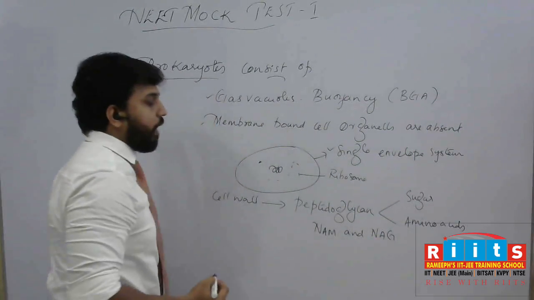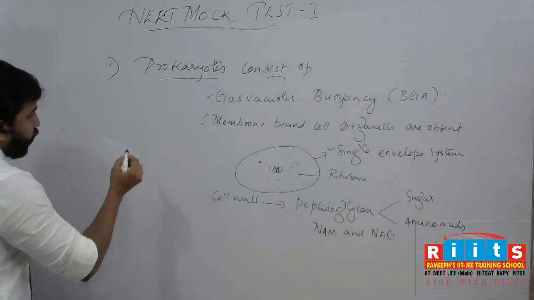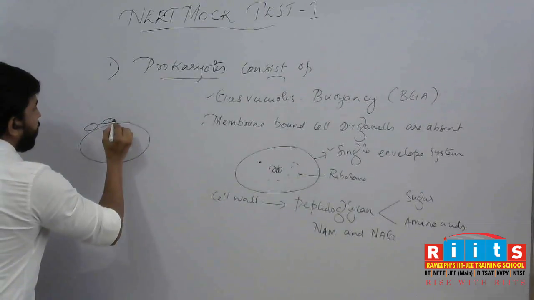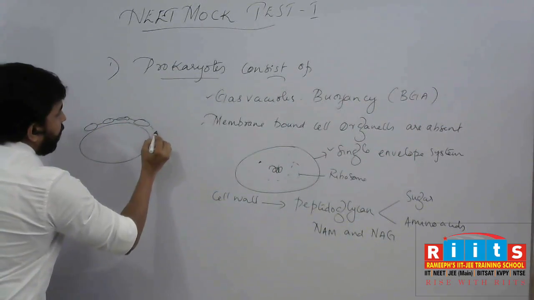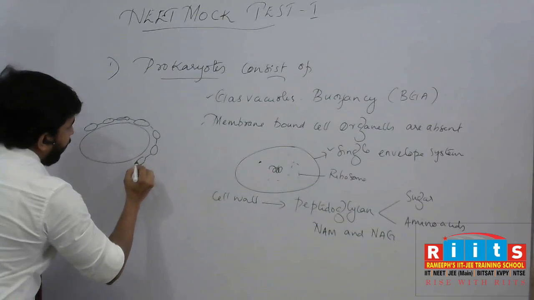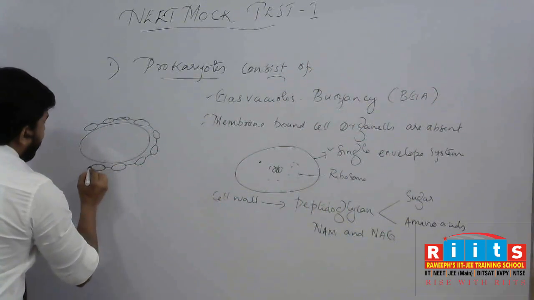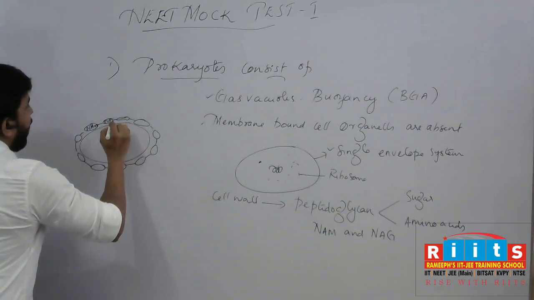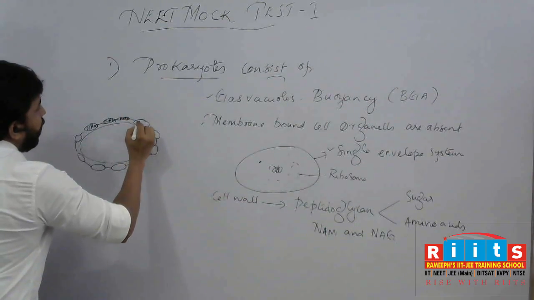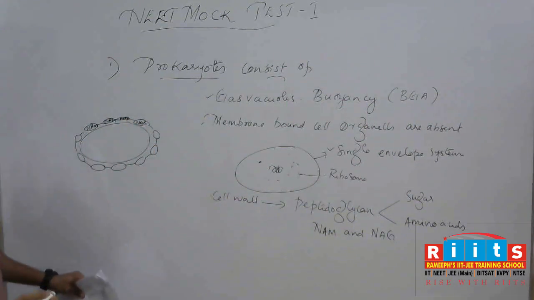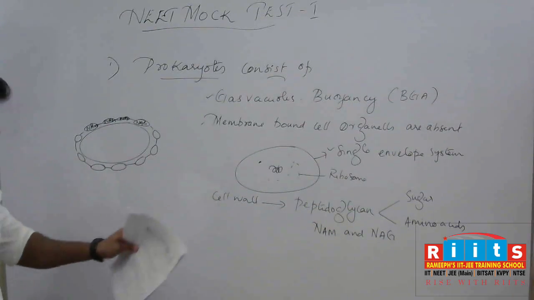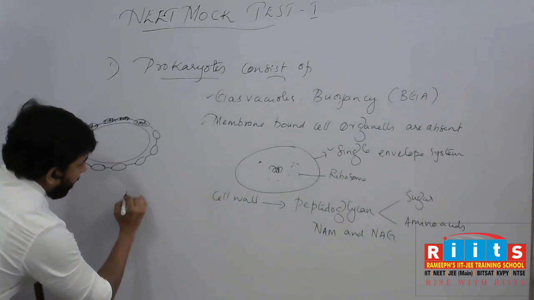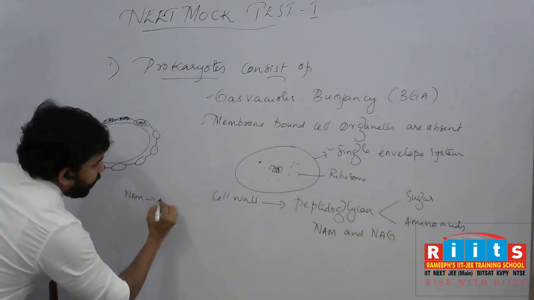See, I have drawn a picture of a prokaryote with a prokaryotic cell wall. If a prokaryote has a cell wall, it consists of NAM, NAG, NAM, NAG, like that. Both NAM and NAG are composed of sugar and amino acids.